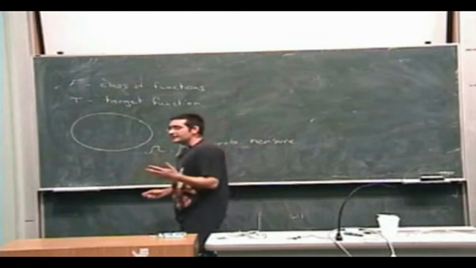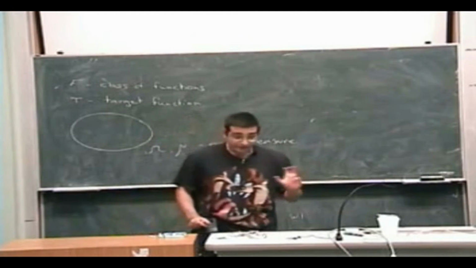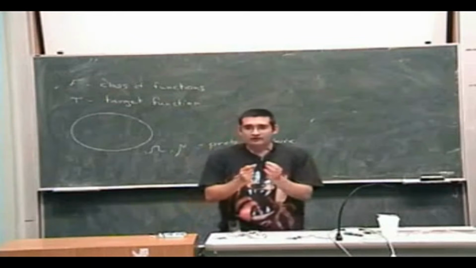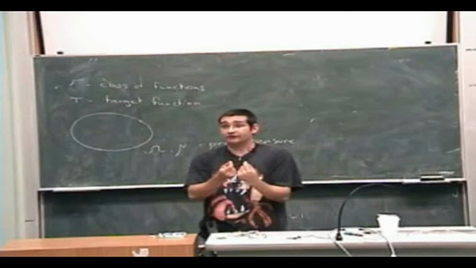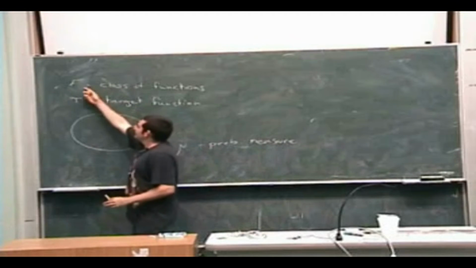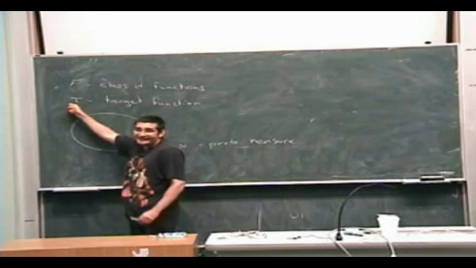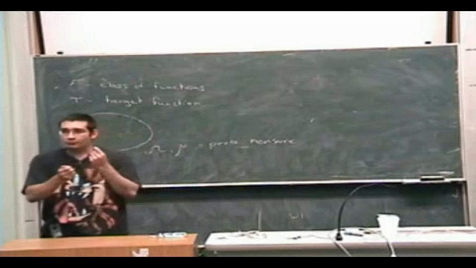There are a million possible ways. But one way of doing that is to define distances between functions. And one distance I'm going to use relates to this probability measure. So I'm going to define a distance between two functions.